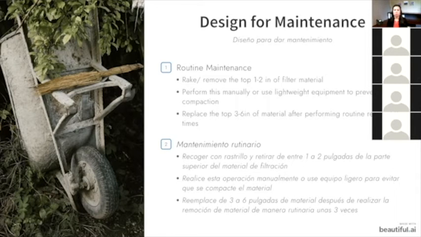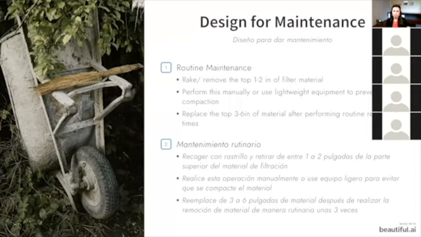How are you going to remove that sediment that has accumulated or rake in there? Do you need to have a wheelbarrow? Or will it be a larger piece of equipment that's very lightweight? Otherwise, you'll compact that filter material and it won't absorb correctly. But you still need a way to get in there and maintain it without it being a huge hassle.